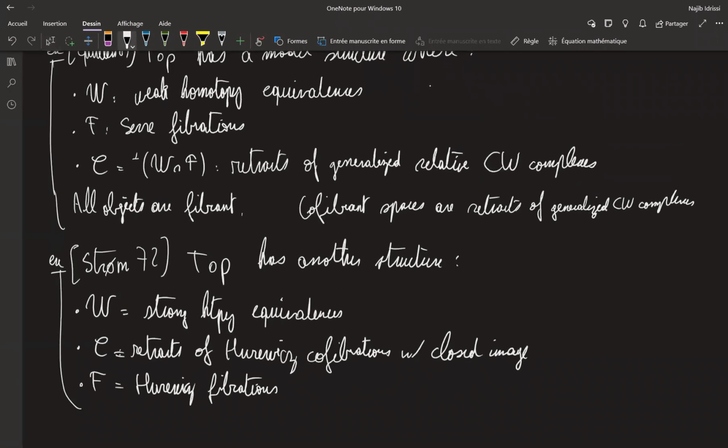So this is another example of a completely different model category. Right? These two are not, if I remember correctly, equivalent in the sense of model categories, something that we are going to see later. And here, any space is fibrant and cofibrant. It means that any space is a model, right? Yeah, I guess it's also compactly generated weakly Hausdorff spaces.